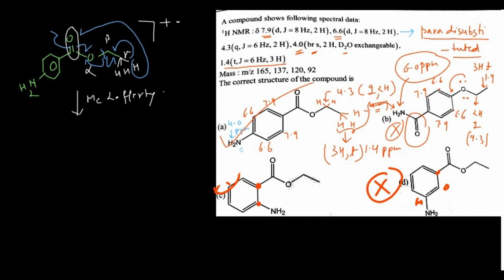So what will you make after this fragmentation pattern? This is your oxygen, NH2 will remain as such. This was your carbon double bond oxygen, but one electron has shifted up and one electron has shifted here, and hydrogen has shifted from here to here.